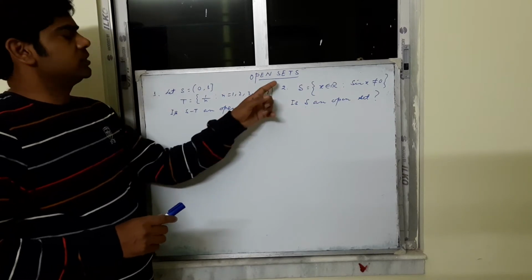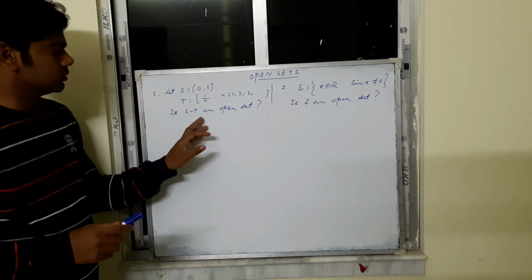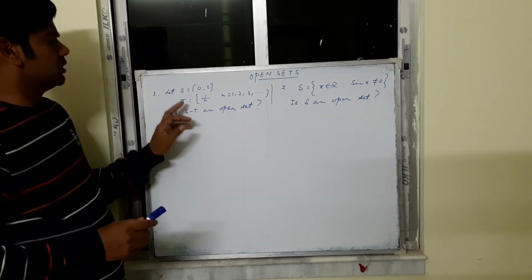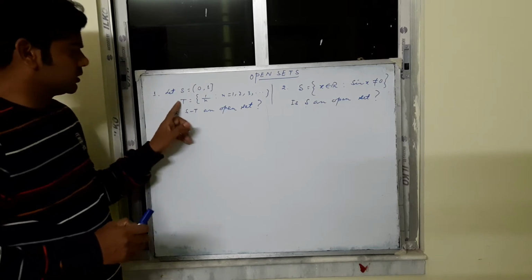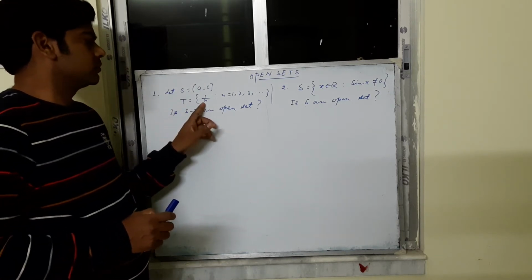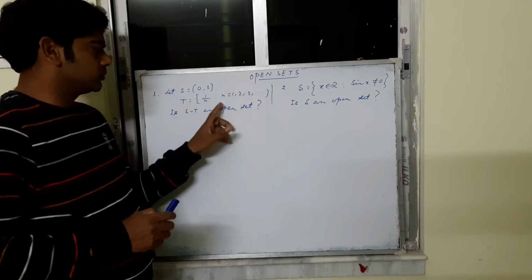এখন আমরা ওপেন সেটের চ্যাপ্টারে দুটো অঙ্ক নিয়ে আমরা আলোচনা করব। So the first problem is, it is given that S is the set semi-open interval and T is the set containing the elements of the type 1 by n, where n varies over the set of all natural numbers.